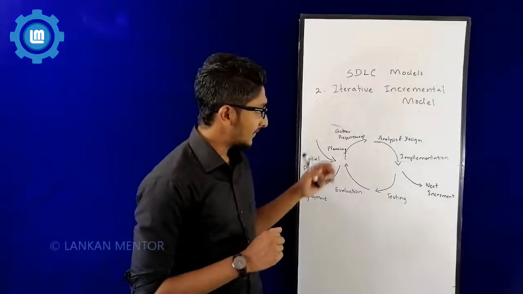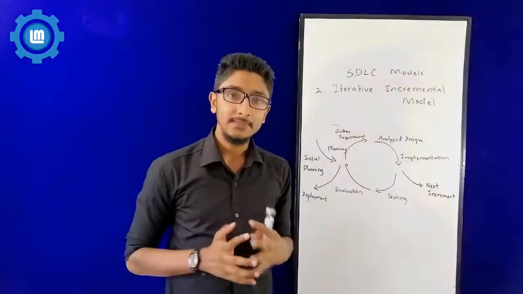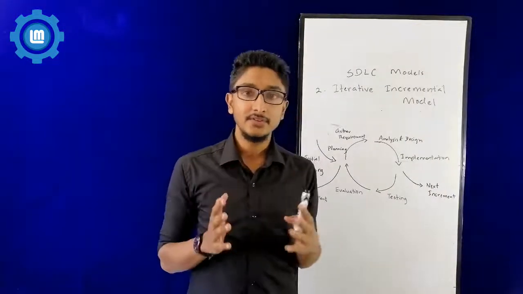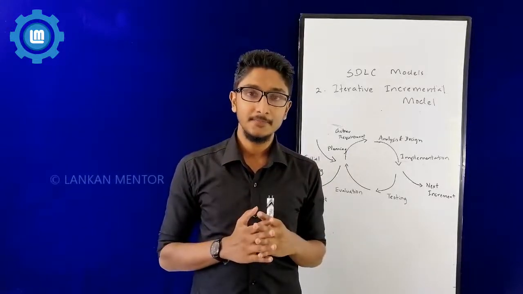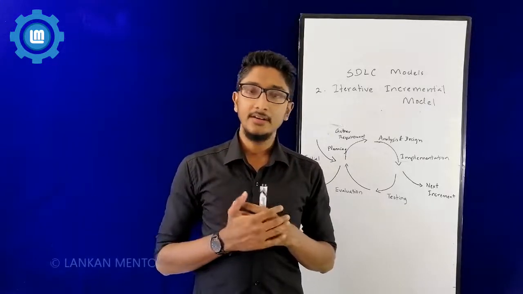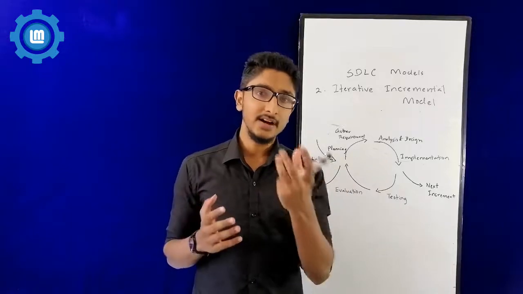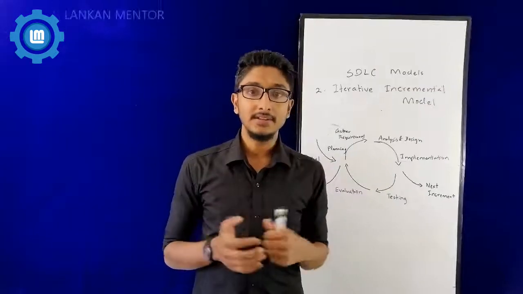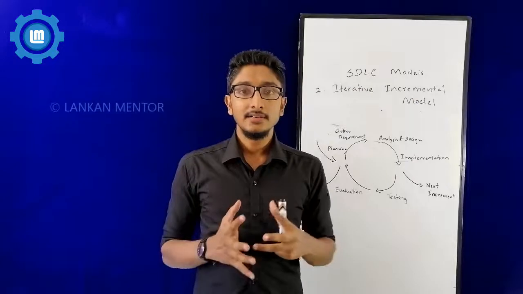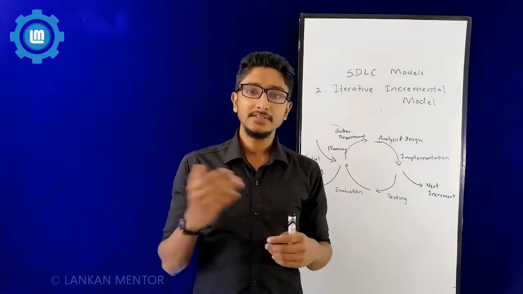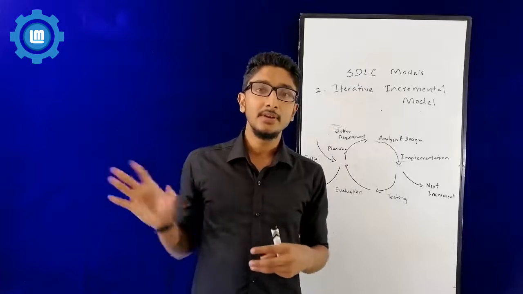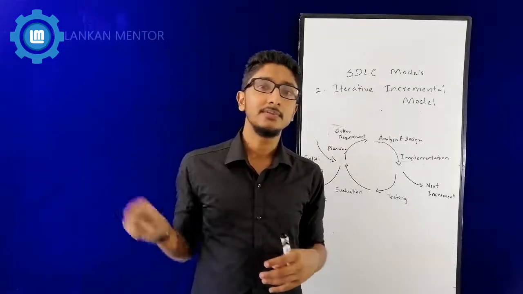So, the advantage of the incremental model is we don't have to know all the requirements first. We don't need all the requirements at first. We can start with a few requirements and start to build the first component. In the next component, we can add a few more requirements and then start the new component.